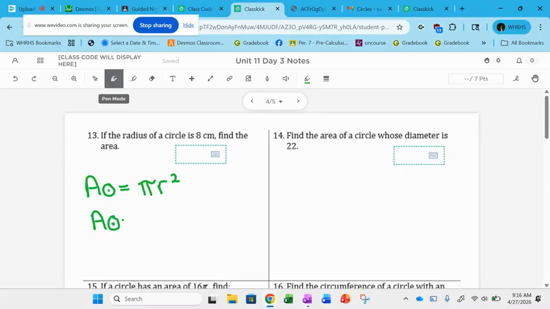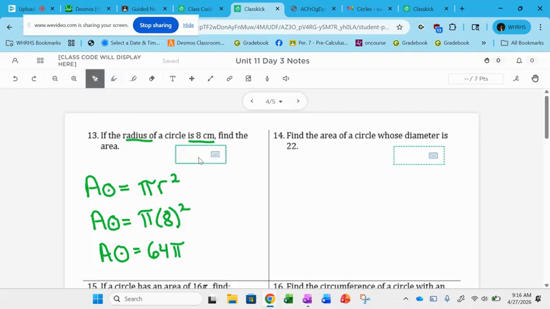So the area of a circle is going to be pi times 8 squared because it says the radius is 8. Is 8 squared 16? No. 8 squared is 8 times 8, which is 64. So the area of our circle is 64 pi.